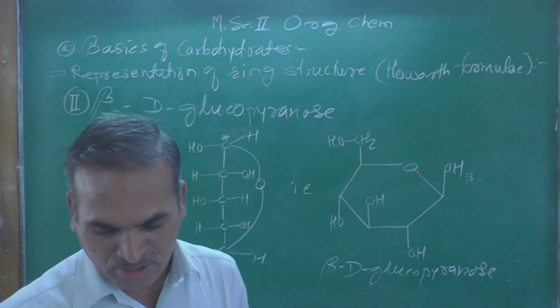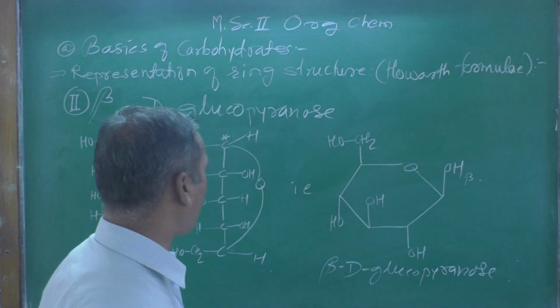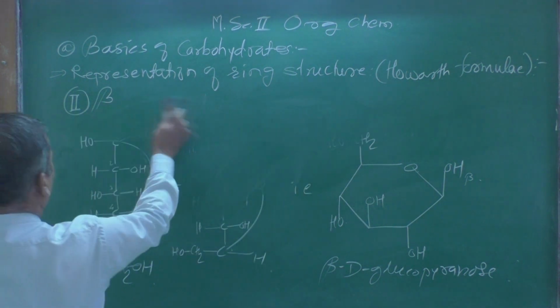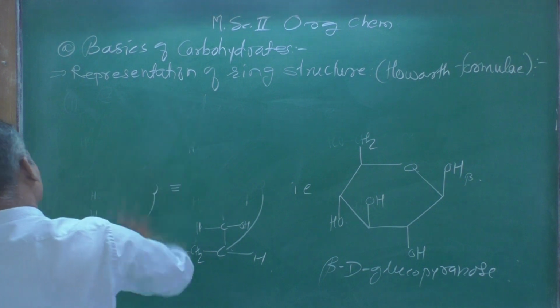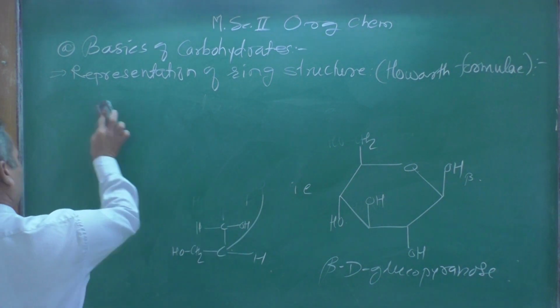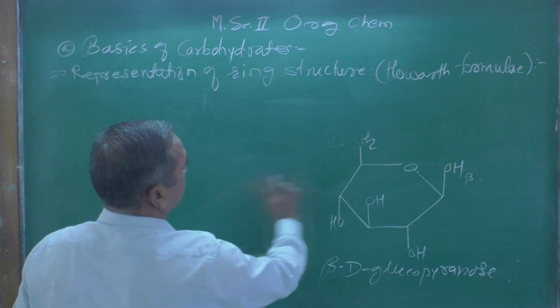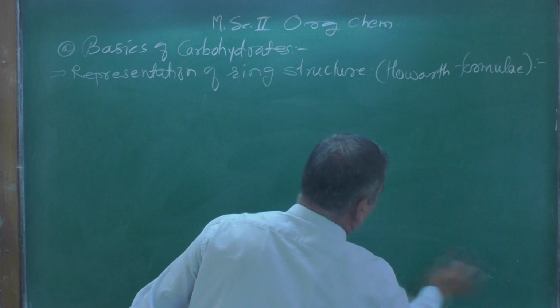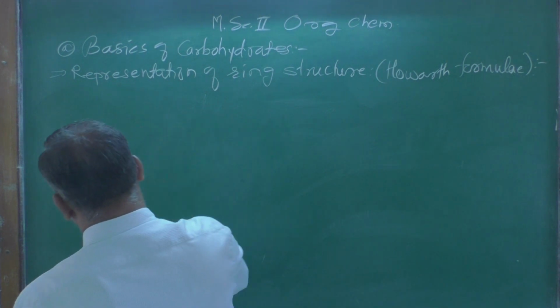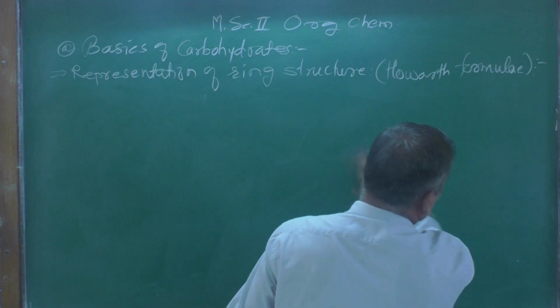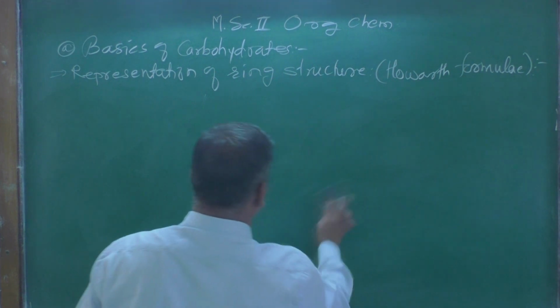Now the chair conformation of D-glucopyranose. This is the third point we are going to discuss here. Let us see the third cyclic structure. Generally, cyclic structures are present in the chair form.